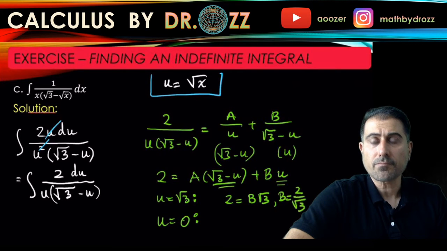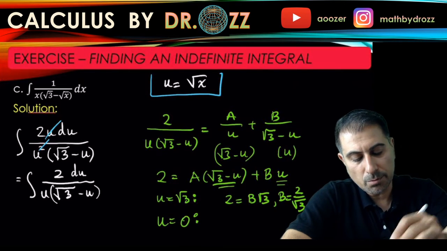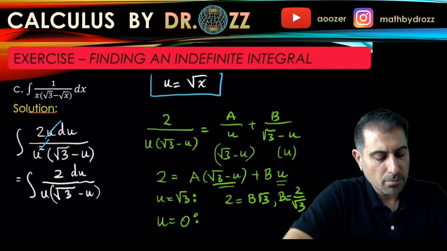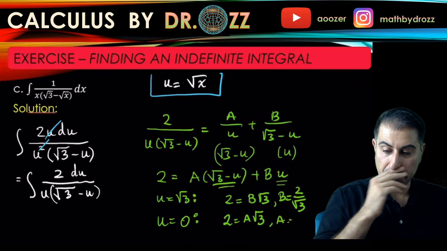And if u equals 0, then 2 equals radical 3 A. Then A equals 2 over radical 3.